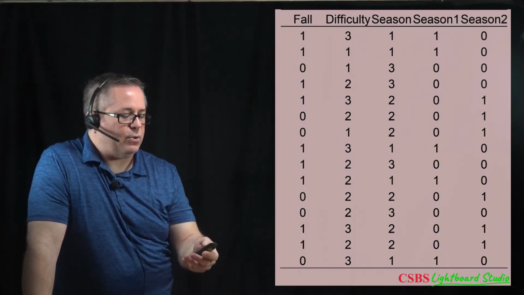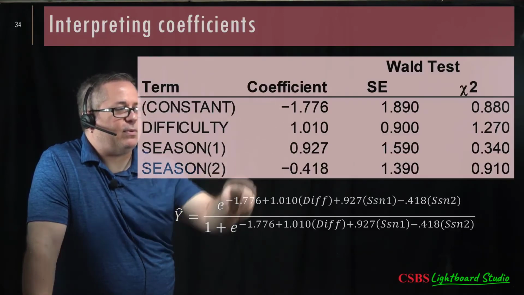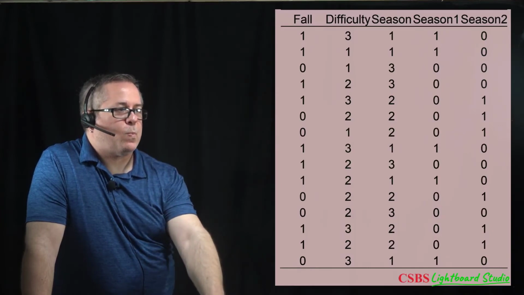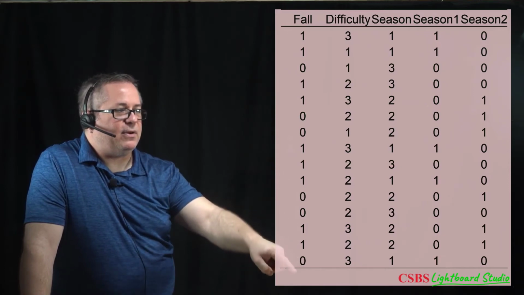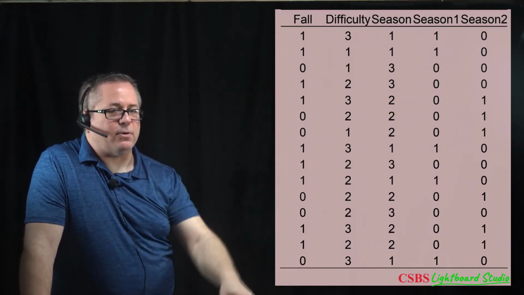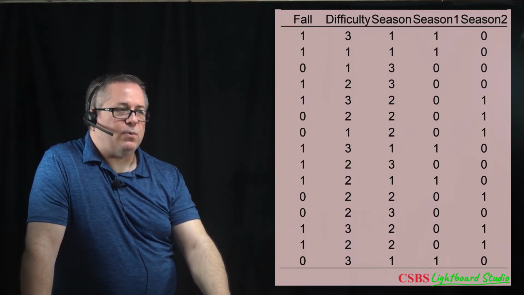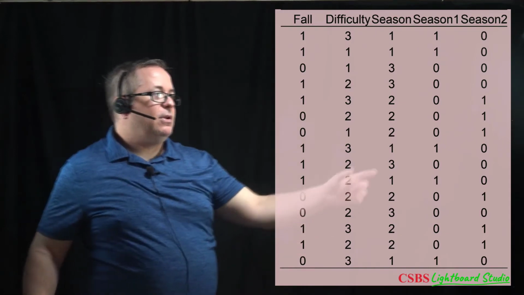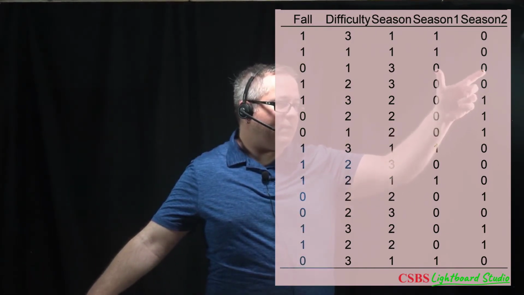Who would actually get a negative 1.776? Of these folks, is anybody listed here going to be predicted to have that score? Not the ones that are all zeros. So it's a good start to think this person might possibly have that, because there are 0 at season 1, 0 at season 2.